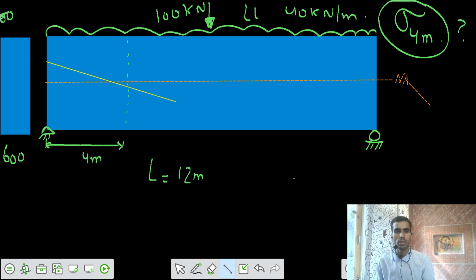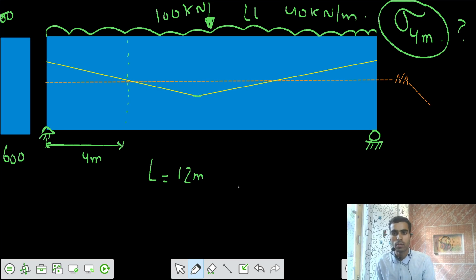So the cable is in this fashion. The eccentricity value here is equal to E1. E1 is equal to 100 millimeters, and E2 equals 200 millimeters.